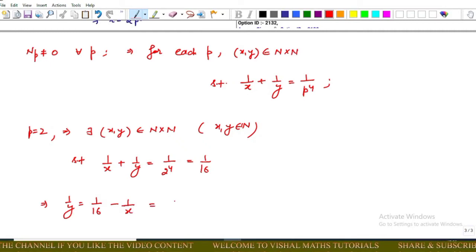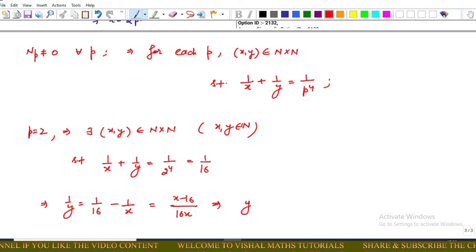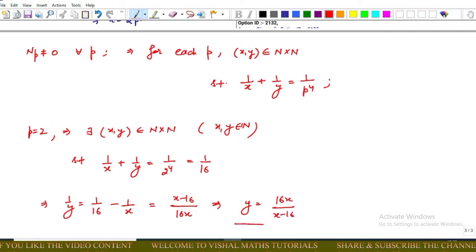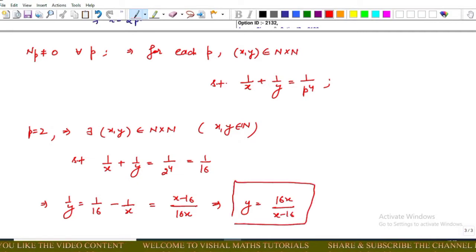This further implies 1 upon y equals x minus 16 upon 16x. So y equals 16x upon x minus 16. Note this expression.